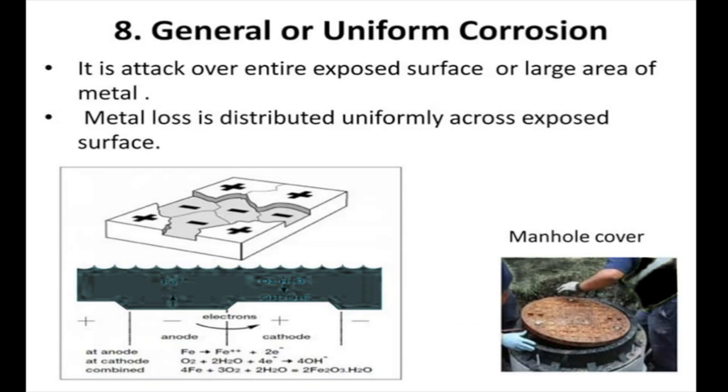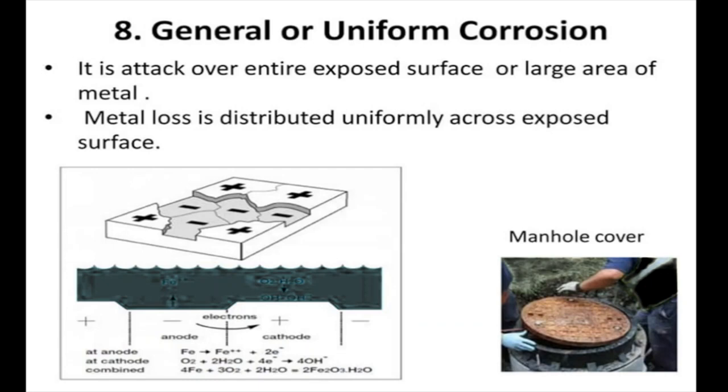So the combined effect, if we analyze, is 4 Fe plus 3 O2 plus 2 H2O creating 2 Fe2O3, that is ferric oxide, dot H2O. So it is the attack over the entire exposed surface or a large area of metal, and the metallic loss is distributed uniformly across the exposed surface.